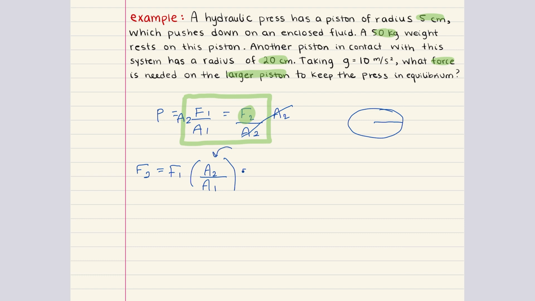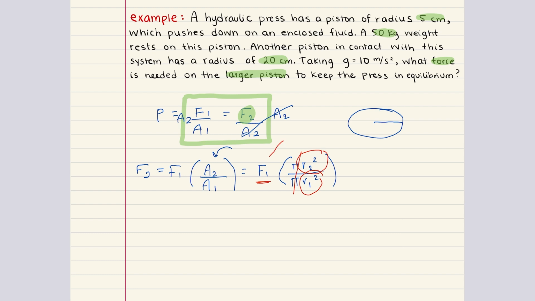So now we can write that F2 is equal to F1 multiplied by pi r2 squared divided by pi r1 squared. What we notice here really quickly is that there's a pi in the numerator and there's a pi in the denominator, so they cancel out. Now what we have is the force of piston 1 multiplied by r2 squared divided by r1 squared.